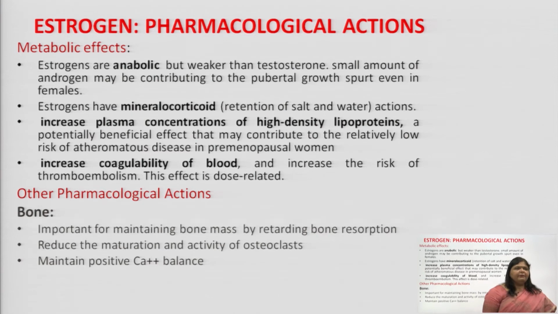Then there are certain metabolic effects. Estrogens are again anabolic, but their action is much weaker compared to testosterone. We saw that the ovary also secretes a small amount of testosterone, so certain increases in growth during puberty can also be brought about by testosterone.